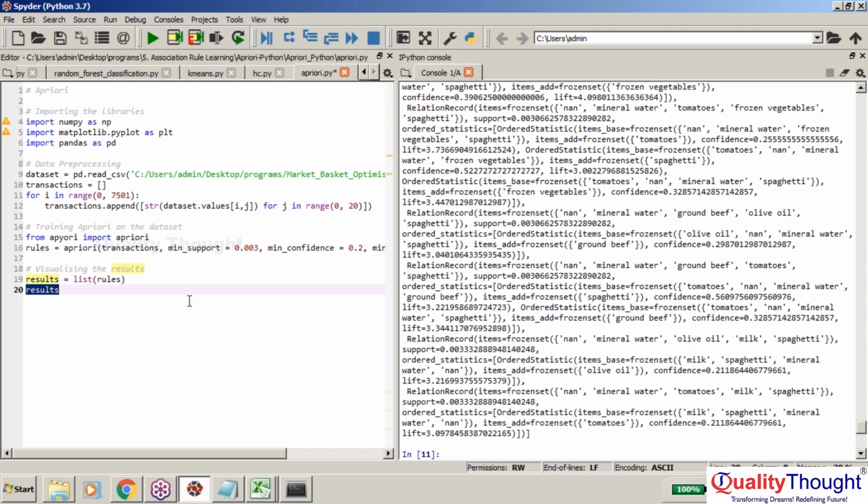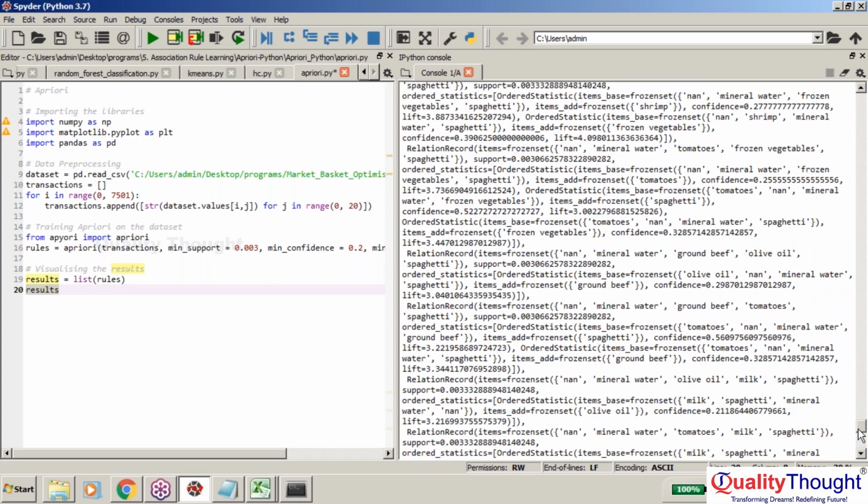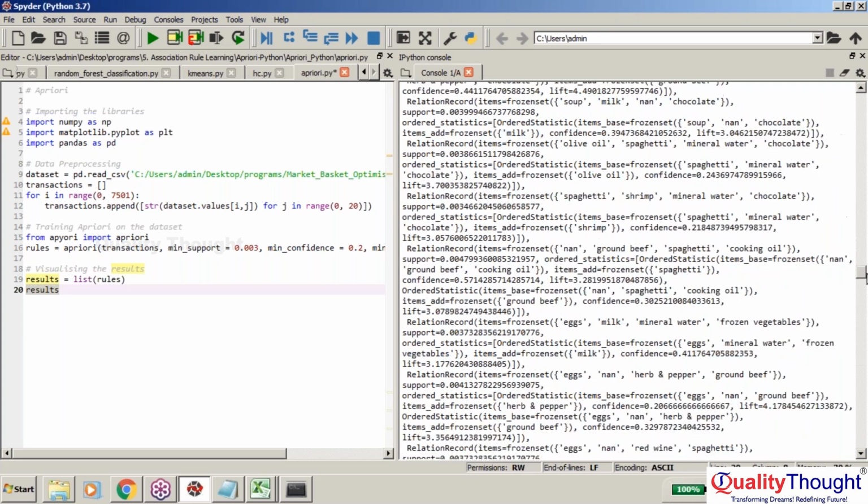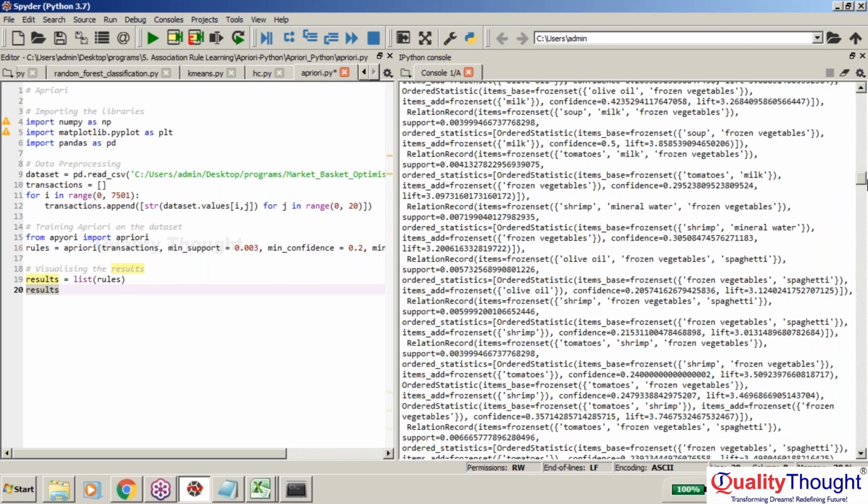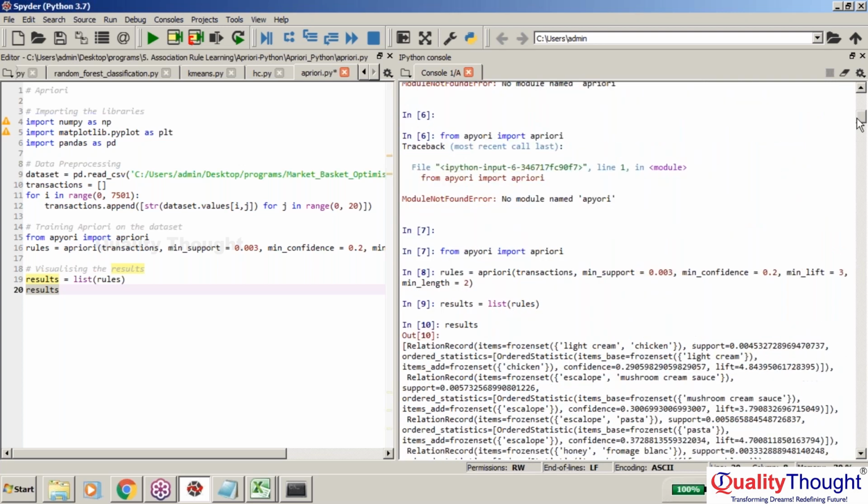So all these results that we have got over here are a complete list after it has calculated the minimum support, the confidence and the respective lift.